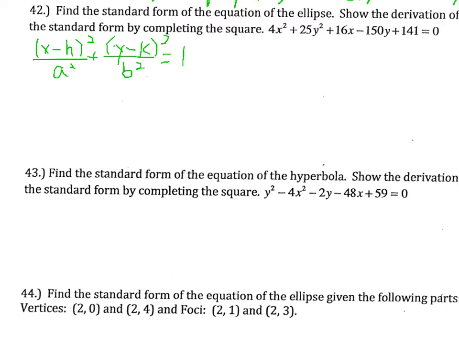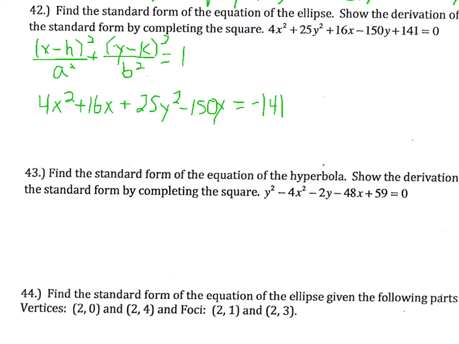So to get our equation to look like that, we're first going to write all of the x's next to each other. And write the y's next to each other. And then we'll move the 141 to the other side and make it a negative 141.